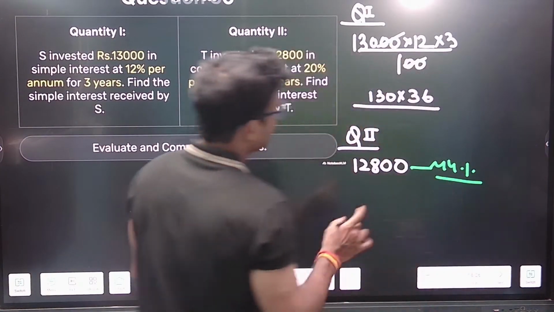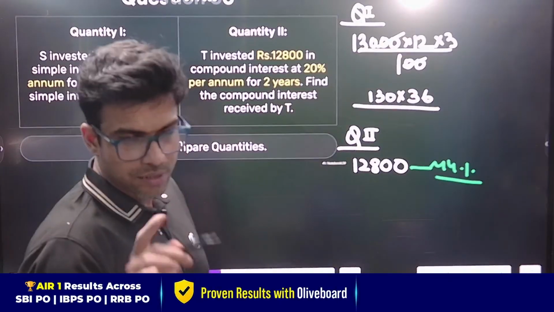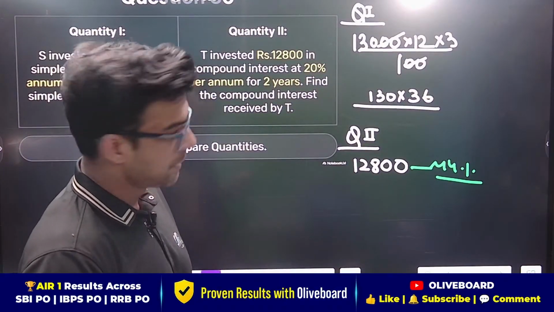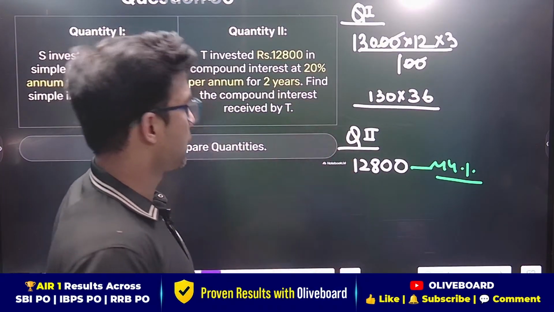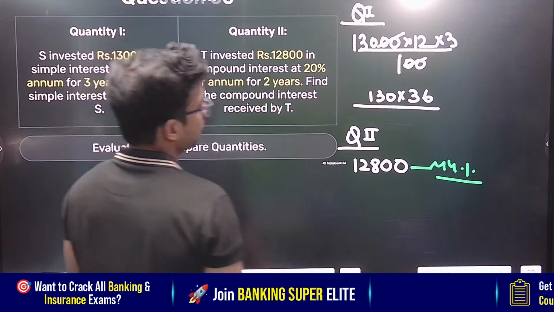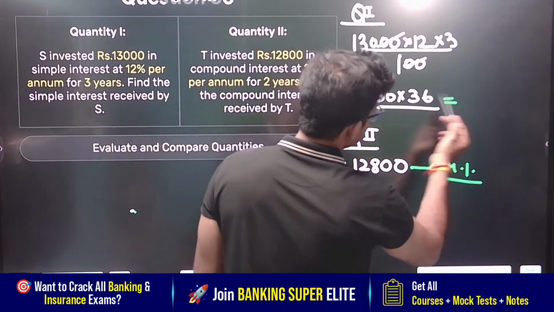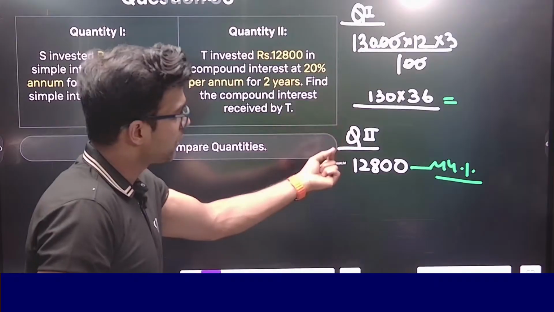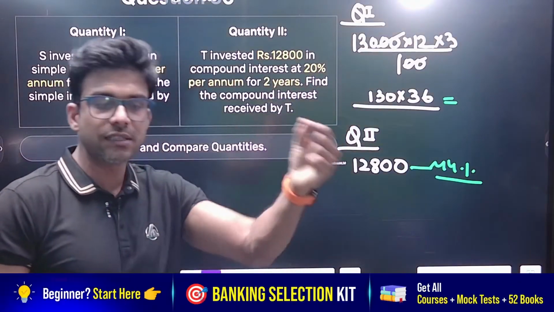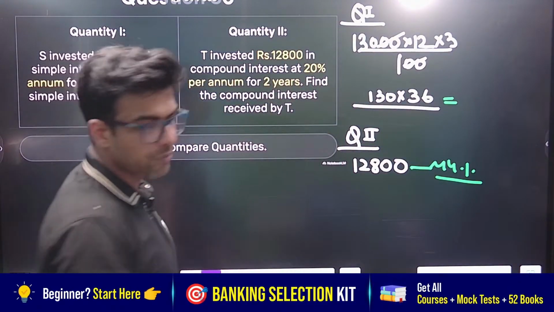Okay. Now guys, you need to understand the logic. Without solving, you can answer. How come? This is 13. See, 13 into 36 or 36 into 13, you can also calculate that.